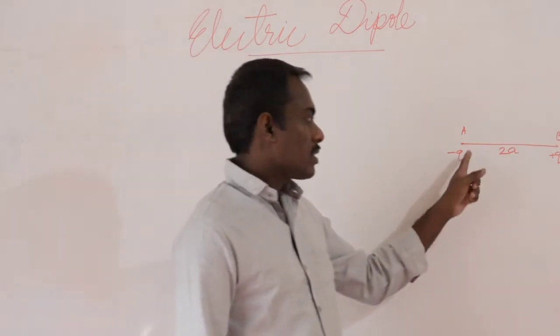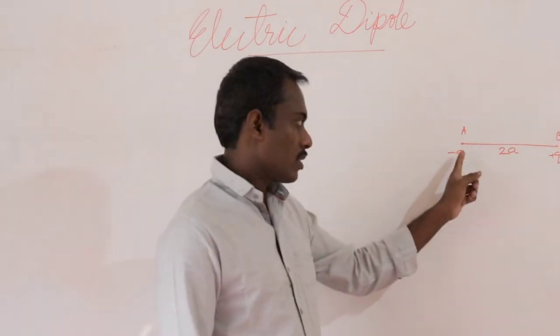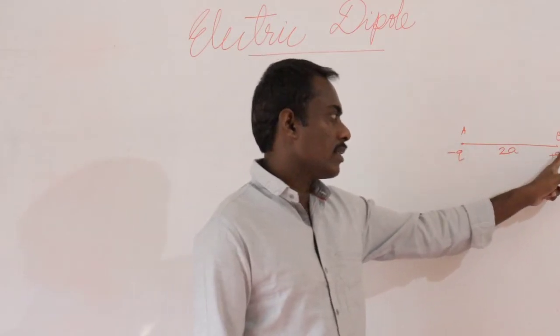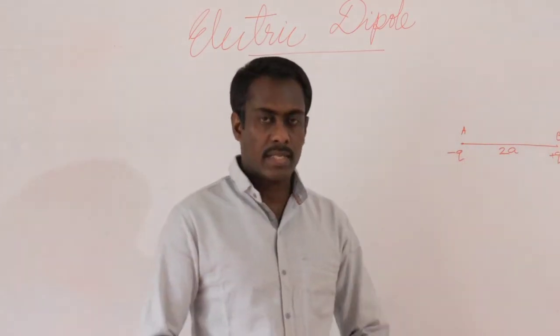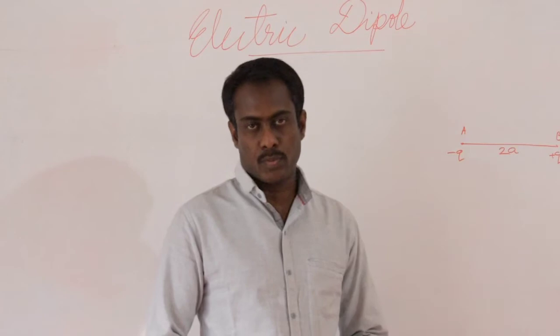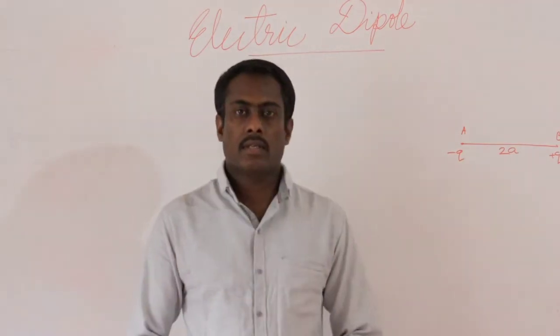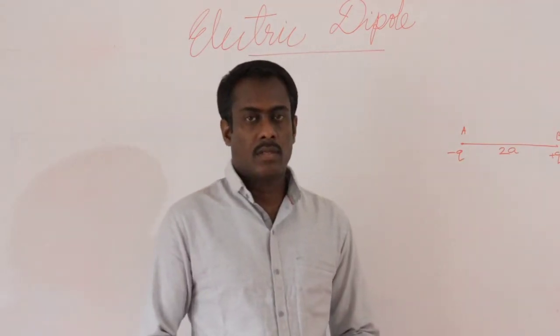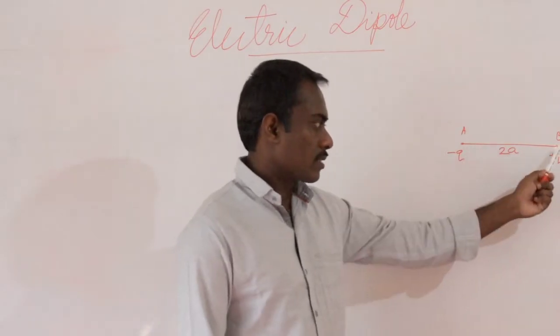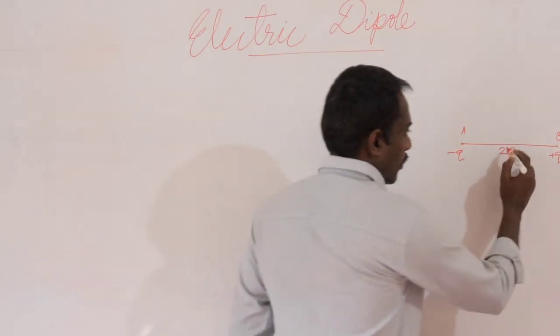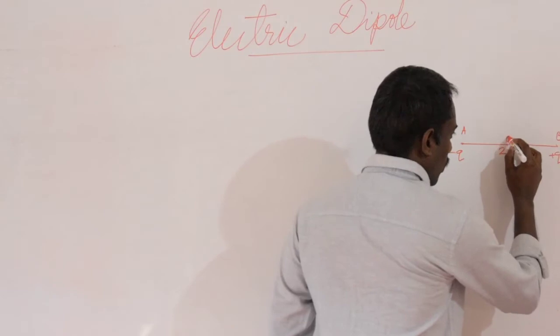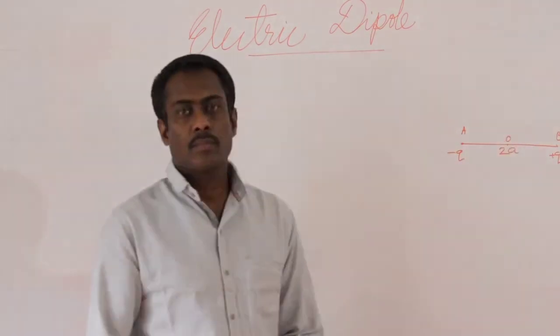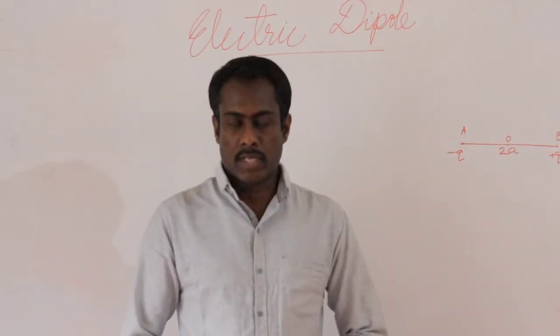The axis of this dipole is the line joining these two point charges, negative Q and positive Q. The midpoint of these two charges may be taken as O. O is the center of the dipole.